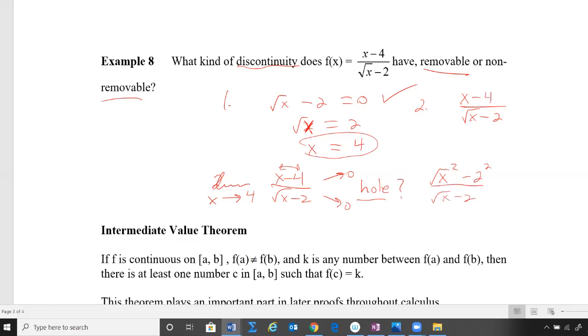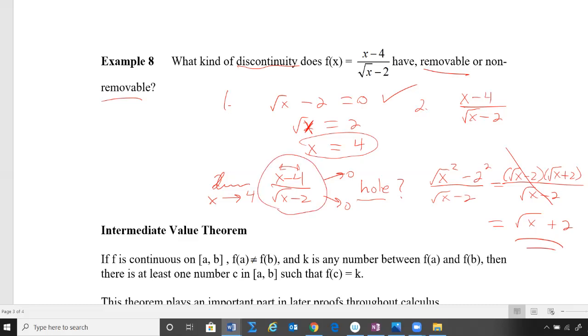And that allows you to write it as a factorization of the difference of two squares, which is just root x minus 2 and root x plus 2 over root x minus 2. And you'll see that cancellation. So really, our original function agrees with this new function at all but one point.